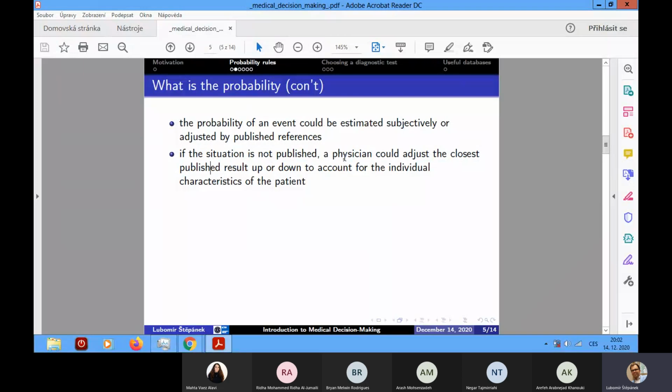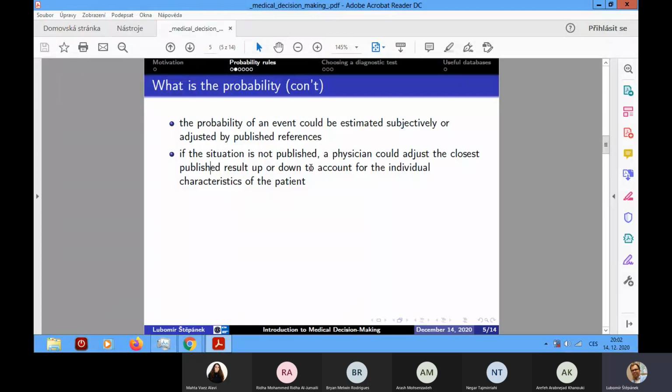If the situation is not published precisely, exactly the same, then you could adjust the closest published result a bit, because nowadays I think there are too many papers. For example, if we talk about COVID, nowadays there are 40,000 papers only about COVID. COVID is an issue in medicine that is maybe less than 1 year old.